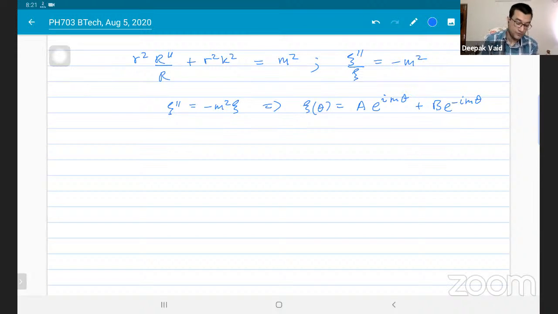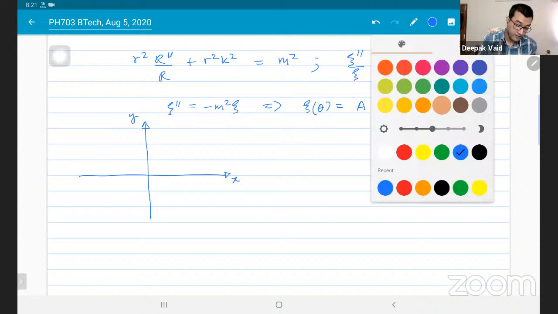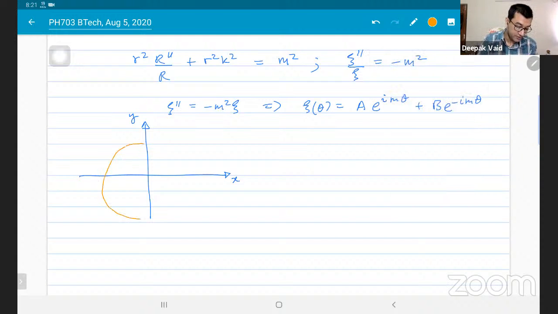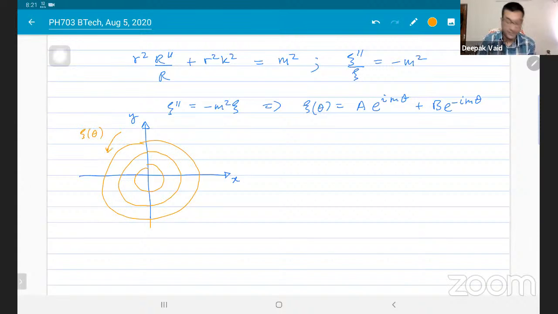So what this tells you is that when you look at the wave function, right? So now the wave function has circular symmetry. And as you go around in a circle, as you go around theta, what do you get?